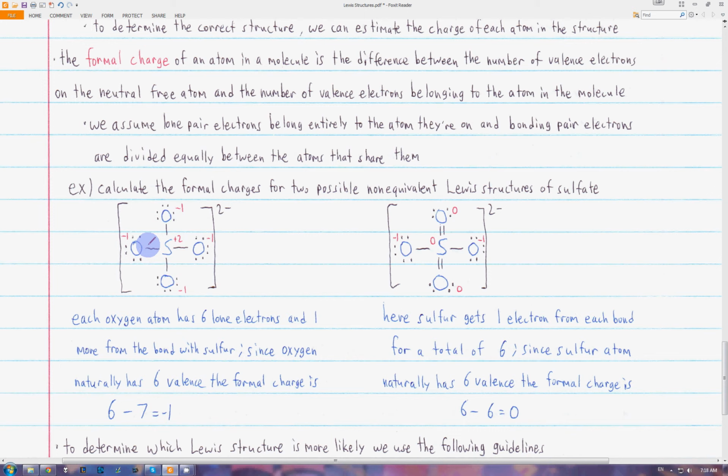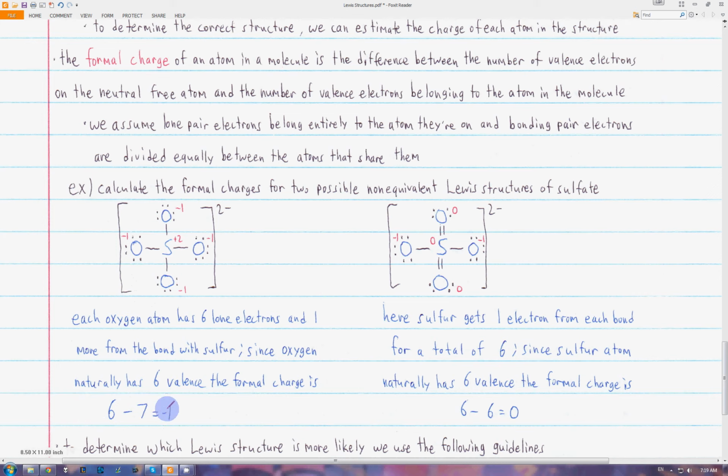In bonding pairs, the electrons are shared evenly, which means the oxygen and the sulfur each get 1 electron from this bonding pair. So in total, each oxygen has 7 valence electrons in this molecule. So the formal charge of oxygen is 6, the number of valence electrons it has naturally, minus 7, the number of valence electrons belonging to it in this molecule.